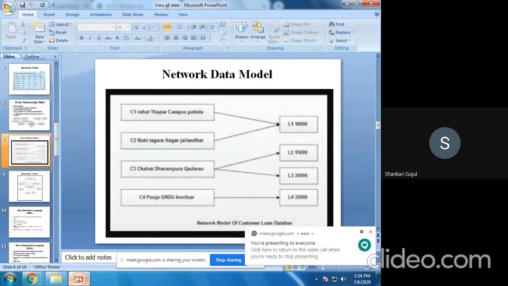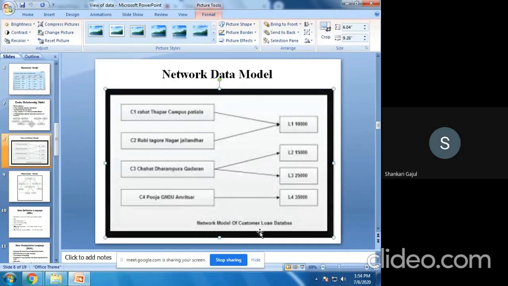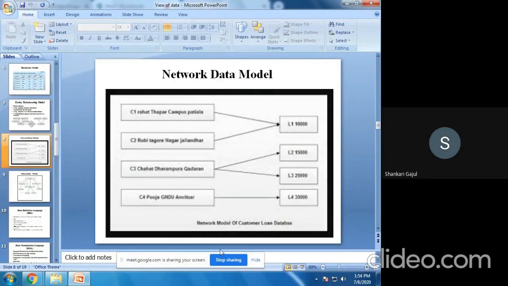See here, these are the records. This is the first record, and this is the second record. This figure represents the customer and loan database.